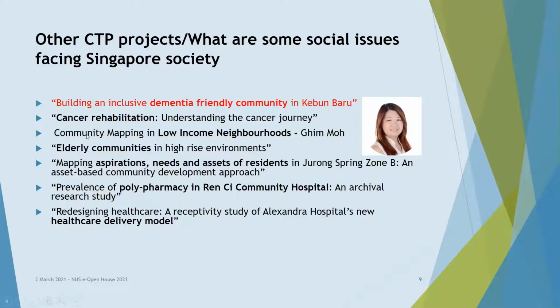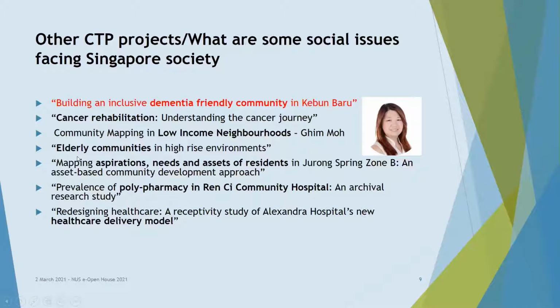Other kinds of projects we've done include cancer rehabilitation projects, understanding the cancer journey for caregivers and for patients. We've done community mapping in low-income neighborhoods. This one in particular is Gimbo, where students would interview specific people within this community to figure out their challenges and their needs.